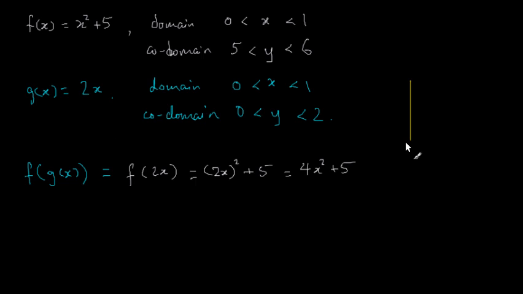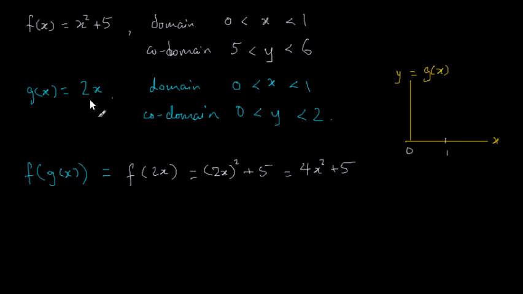If we can sketch a graph for g(x), it would usually be easier to see what's going on. So let's say this is x, this is y, and I want a graph for g(x). The domain is 0 to 1, and g(x) is 2x.